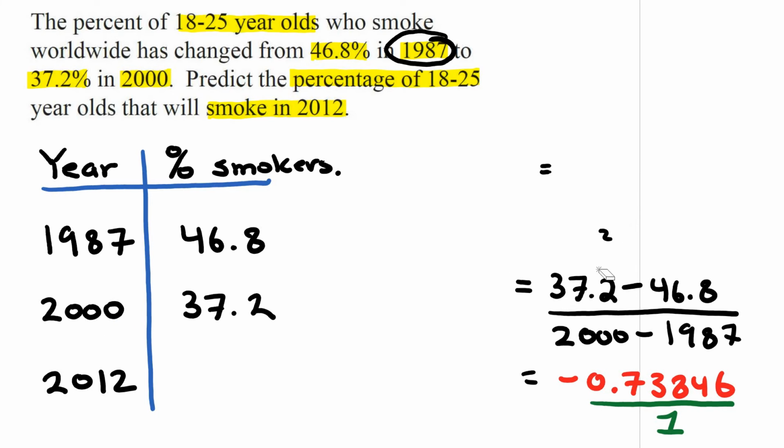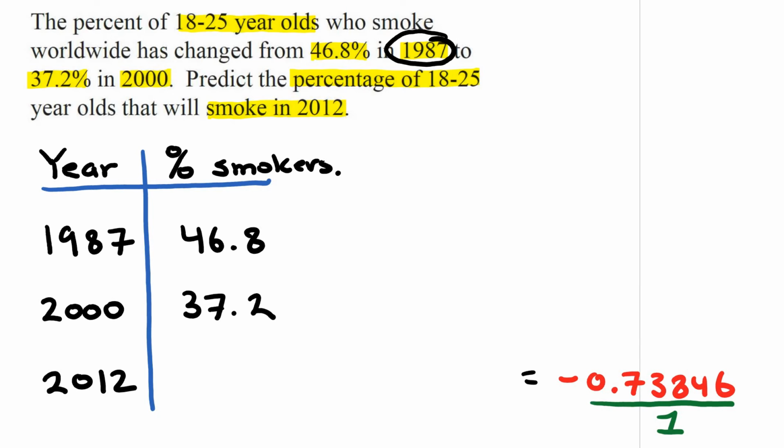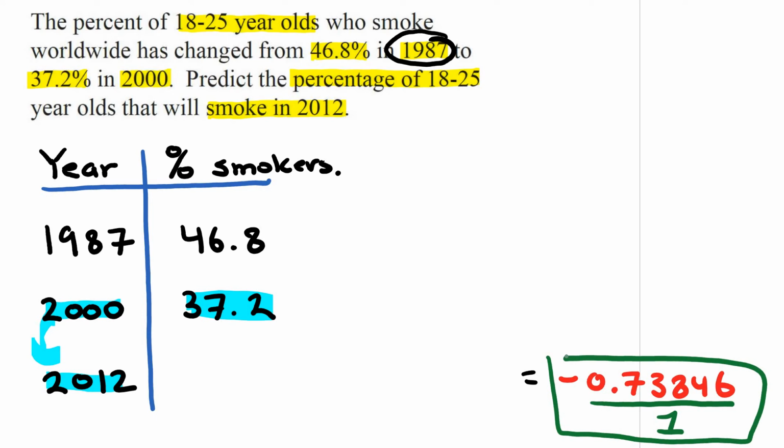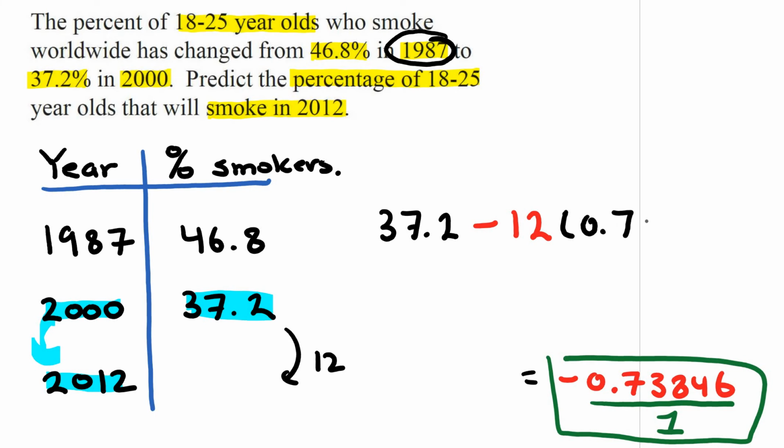Knowing that fact, let's go ahead and erase some of this. All right, so our goal is we want to go from 2000 to 2012. Right now in 2000 it is 37.2, but based on this fact, every year we're going down by 0.73846 percentage points. Going from 2000 to 2012, there's a 12-year difference. So we can take our 37.2 percentage points in the year 2000 minus the 12-year difference times 0.73846 percentage points.